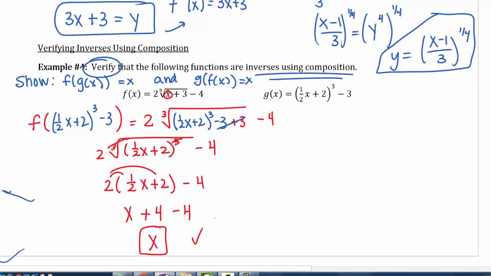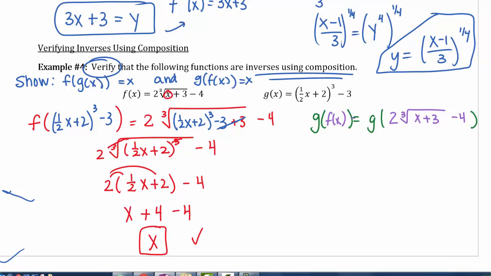So now I'm halfway done. I showed that f of g of x is equal to x, and then I can move on to g of f of x. So g of f of x equals g of 2 times the cube root of x plus 3 minus 4.